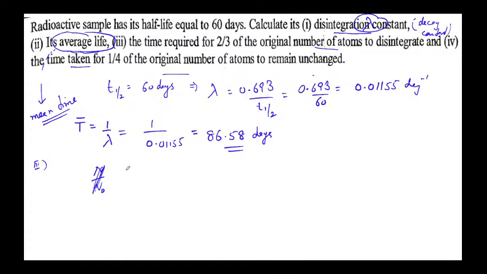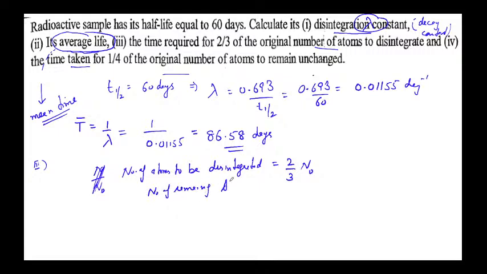So let us write it this way. So number of atoms to be disintegrated, that is 2/3 n naught. So number of remaining साडे कोल किन्ने रह जाणगे? So number of remaining atoms will be equal to 1/3 n naught.